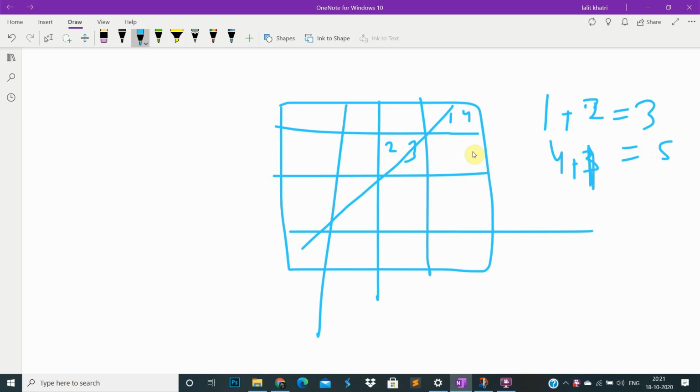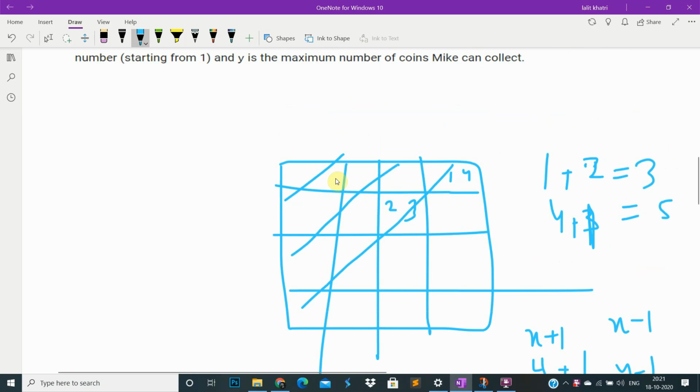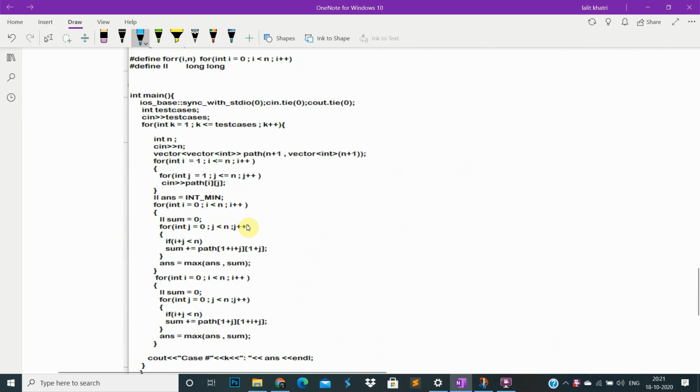So these diagonals can't be added together, because we can only travel to x plus 1, y plus 1, or x minus 1, y minus 1. We can travel only along these diagonals.